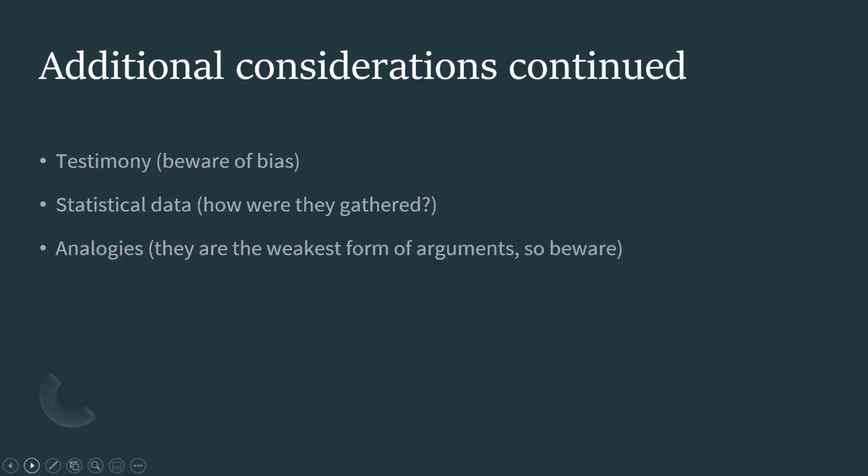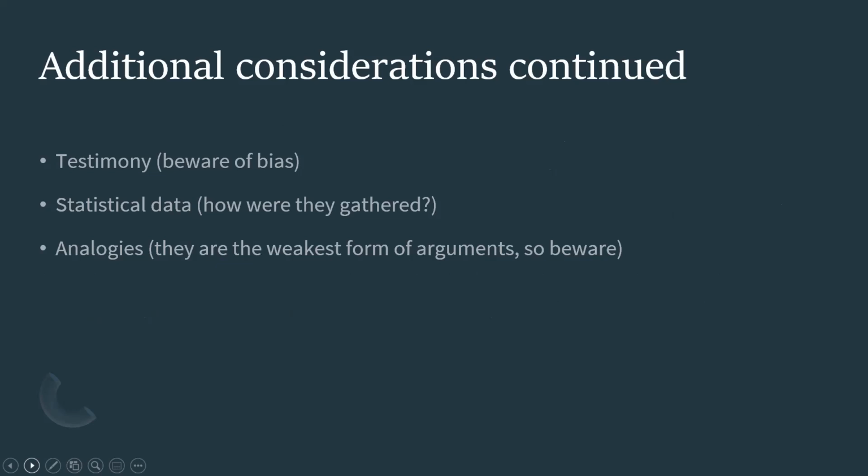Additional considerations. If you give testimony, it's okay to use that in your argument, especially if it is testimony of an expert. But again, testimony of an expert is just testimony of that one expert, and so you have to be aware of the bias of that individual.